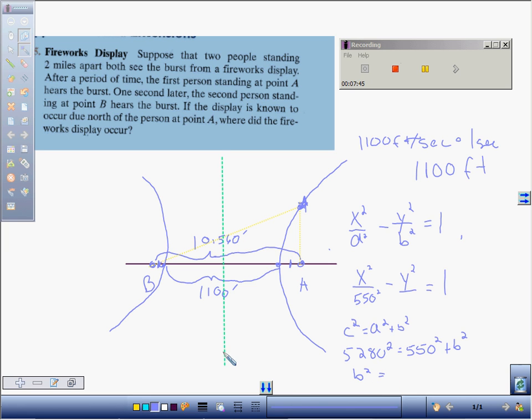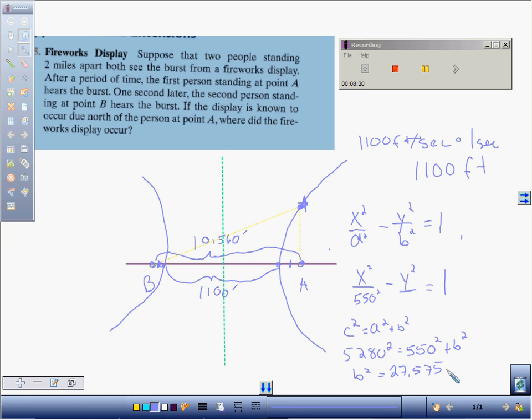B squared equals, let me look in my book, because I did this beforehand. B squared ends up being 27,575,900.